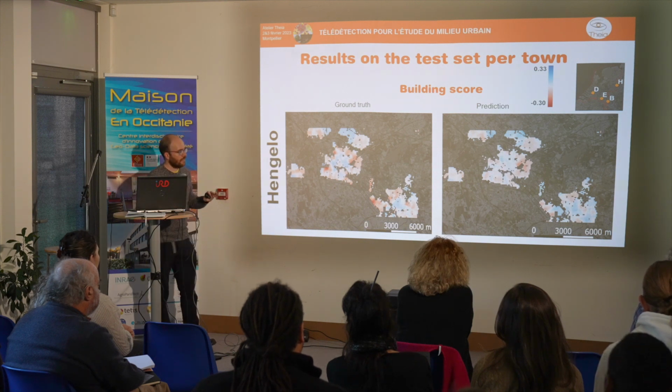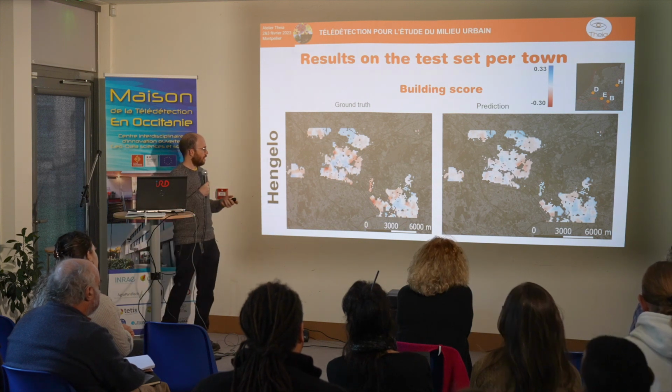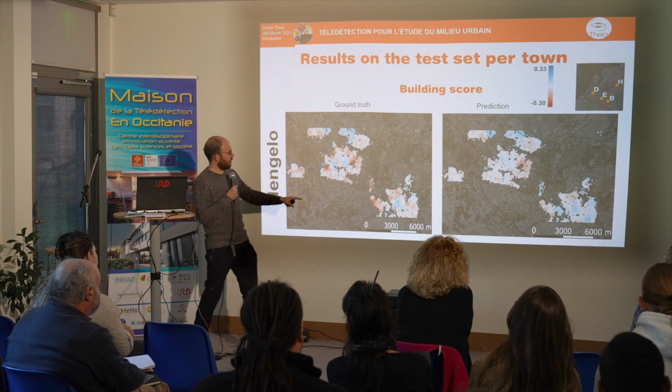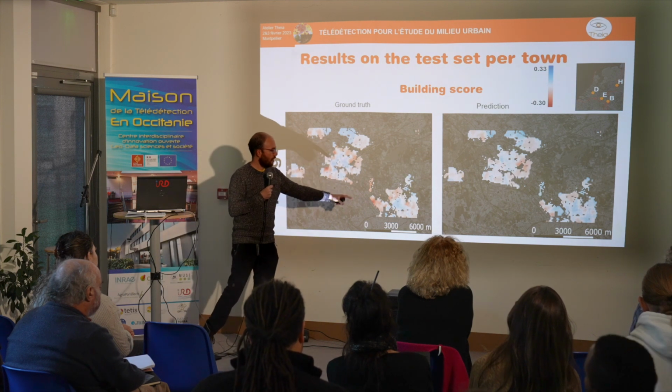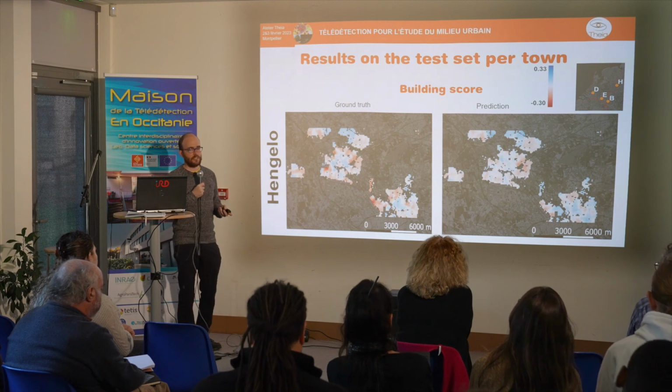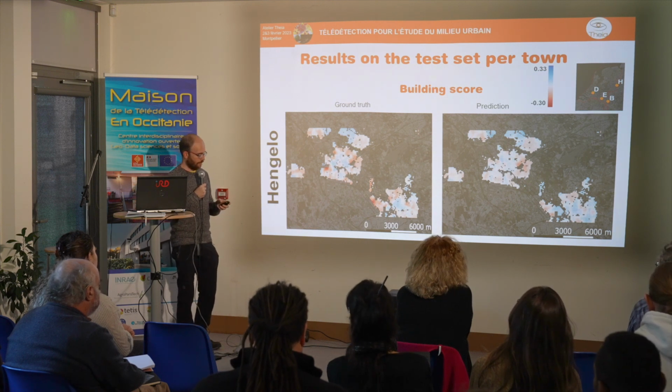In cities that are a bit less representative, like Hengelo, we can see that the general patterns sort of do correspond, but the model misses particular hotspots of low building score in some areas of the city. So the more extreme cases are basically missed.